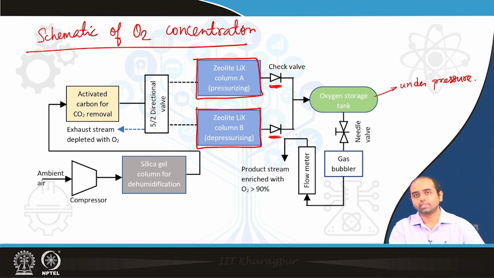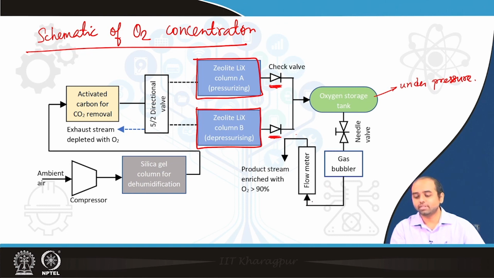After the oxygen storage tank, it passes through the gas bubbler and the flow meter, because you need to maintain a certain degree of humidity. Since it is already dehumidified, it is extremely dry, and this cannot be used for medical purposes, because it would have a very detrimental effect on the skin as well as on the nasal pathway.